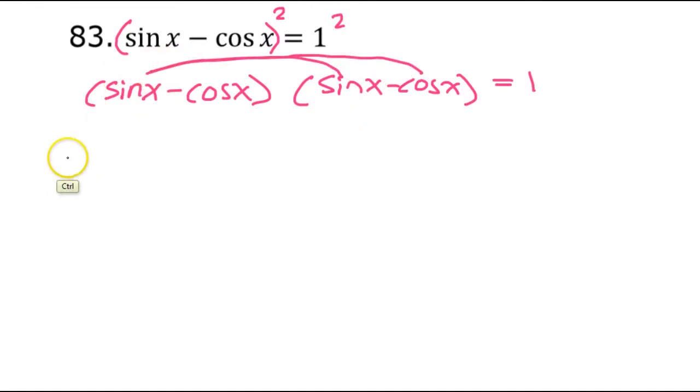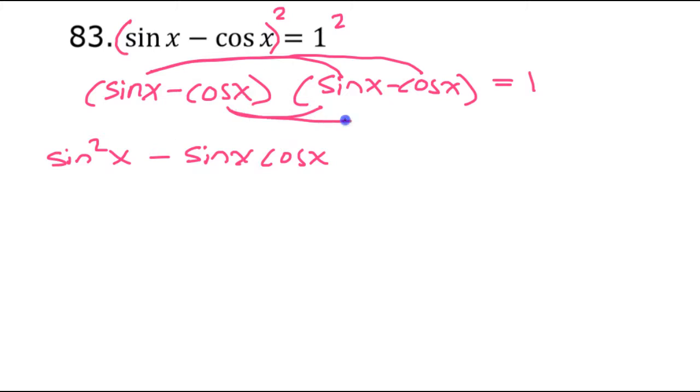So sine times sine, that's going to be sine squared x. Sine times negative cosine is negative sine cosine. Now I'm going to distribute the cosine. So negative cosine times sine is negative sine cosine. And negative cosine times negative cosine is positive cosine squared.